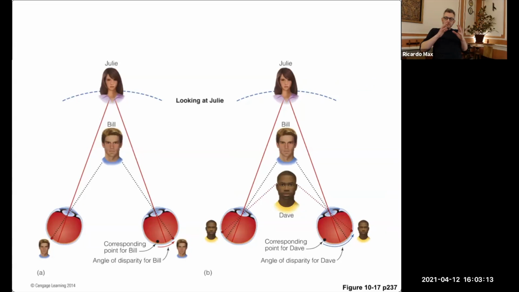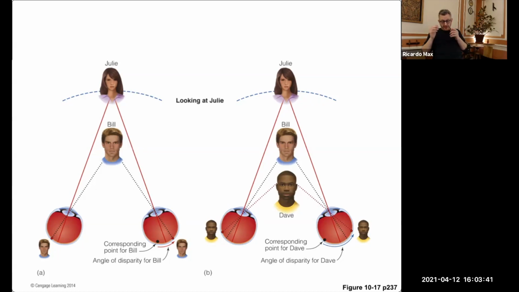So for non-moving objects, it's the same like the motion parallax. The motion parallax is information we can use with only one eye, depending on objects that are in different distances from you.